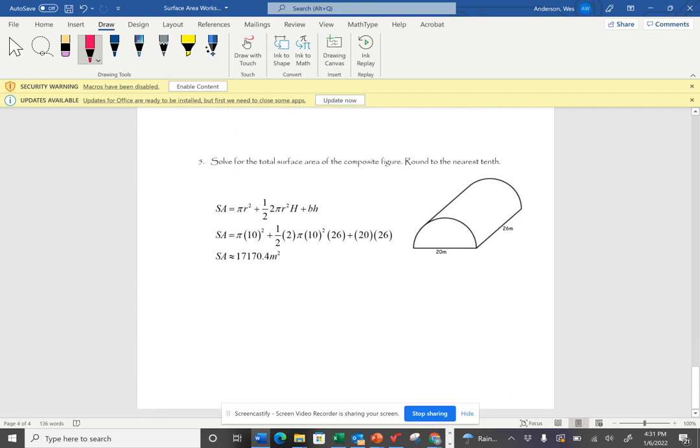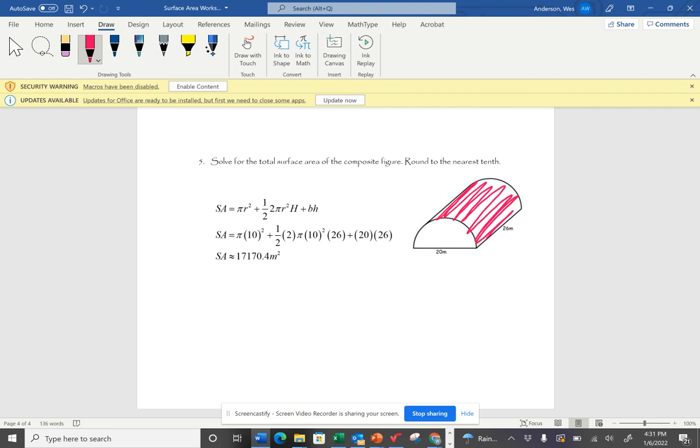So our last one here, a little bit of a doozy. What you have here, to figure out the surface area of this. Pi r squared stands for this half circle here and this half circle here. Two half circles make a whole. So that'll take care of our sides that we have. The 1/2 times 2 pi r times height stands for the shell here.